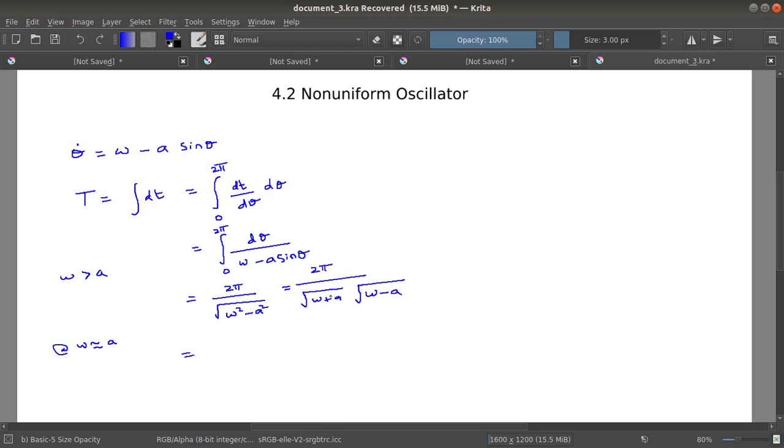If they are very close, then I could write omega plus a as 2 omega. If we do that, we get pi root 2 divided by root omega, times 1 by root of omega minus a, and this is valid when omega is very near to a. So that's the time period.